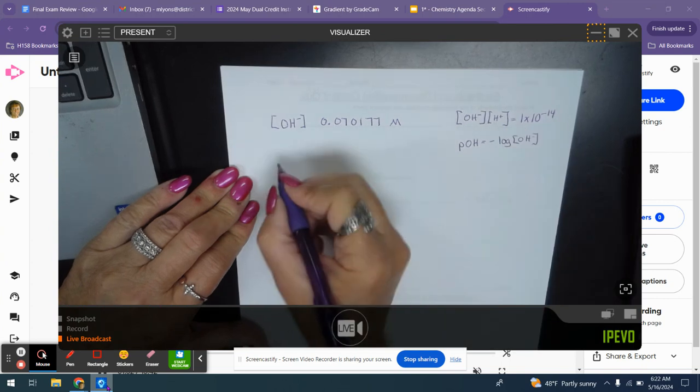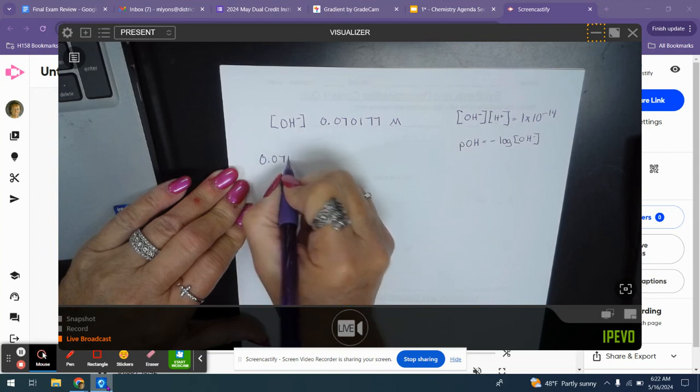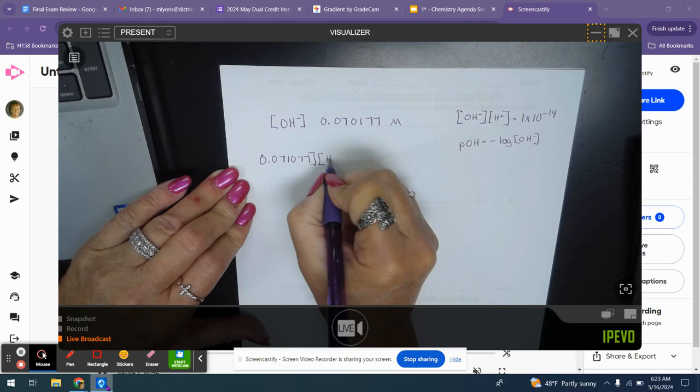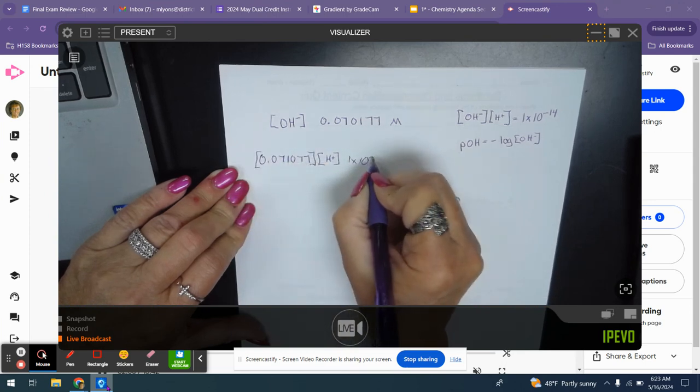If I plug into this first, I get 0.071077 times hydrogen ion concentration is going to be 1 times 10 to the negative 14th.